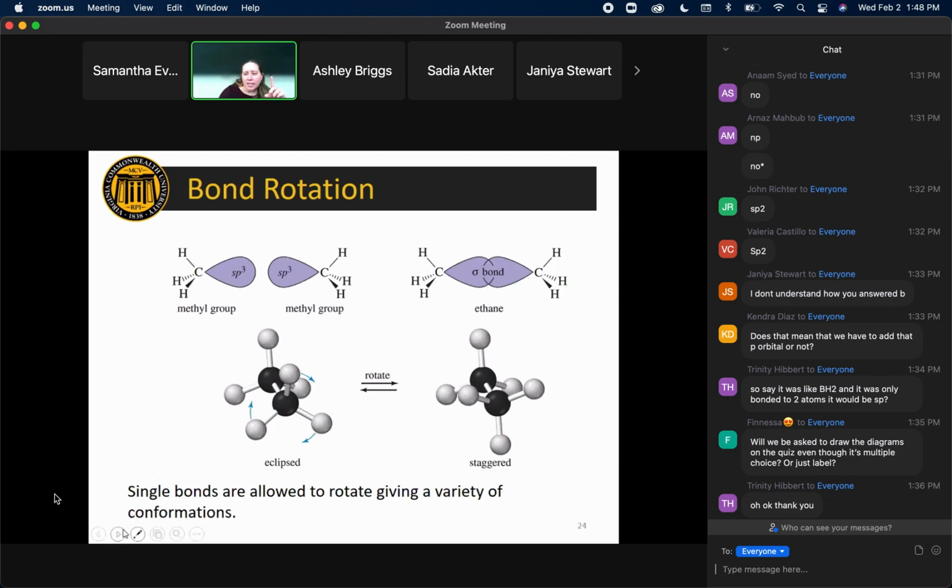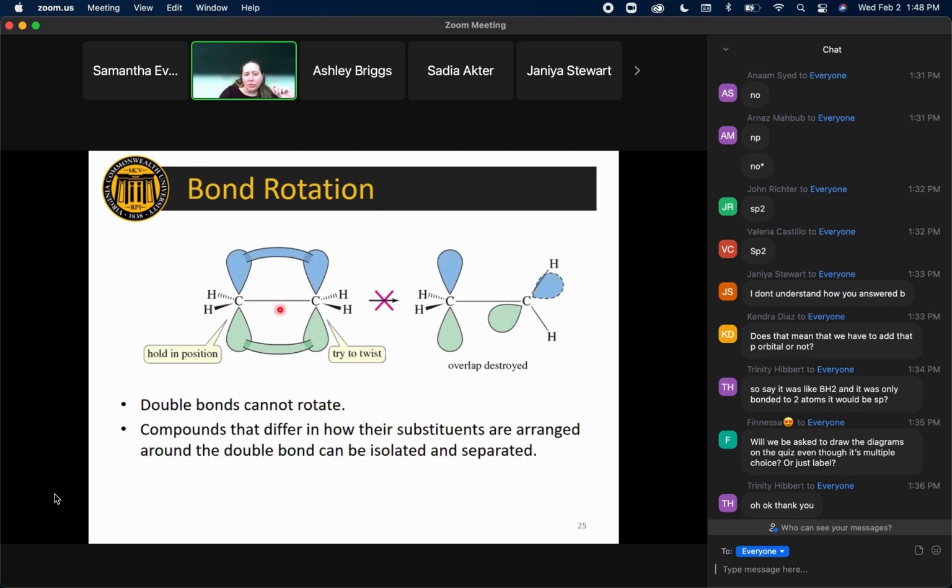But now contrast that. This is an ethane where there's only a sigma bond between the two carbon atoms. Contrast that with ethylene, which we've seen already a couple of times today, that has a double bond between the two carbon atoms. So remember, a double bond is one sigma bond and one pi bond.